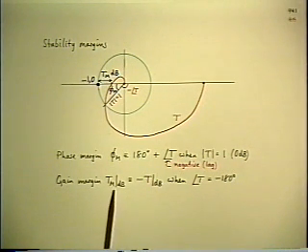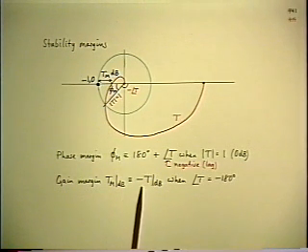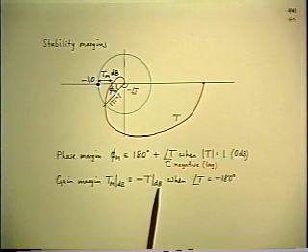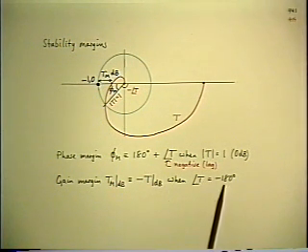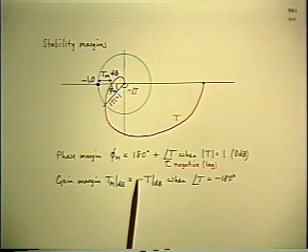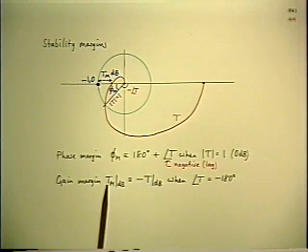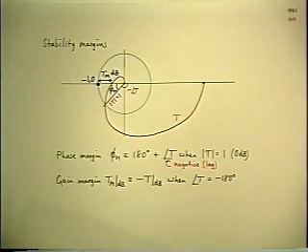The formal definition is the gain margin is specified in dB, and it's given as a positive number of dB, which means it's defined as the negative of the magnitude of T in dB evaluated at the frequency where the angle of T gets to -180. And since the magnitude of T is less than 1, it's a negative number, and the minus in front converts the result to a positive number, which is the way you specify gain margin. So those are standard definitions.